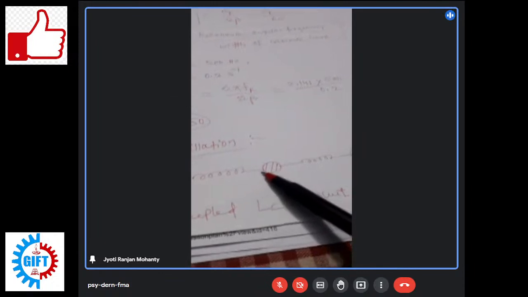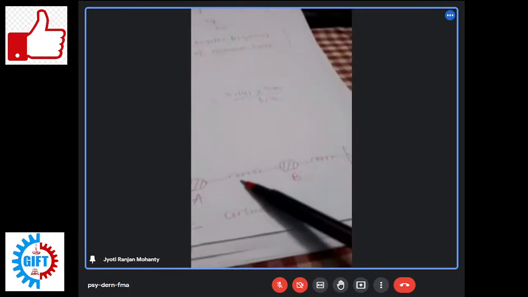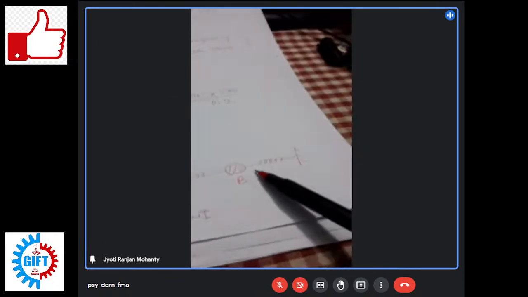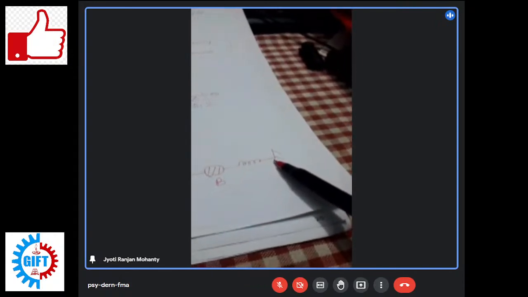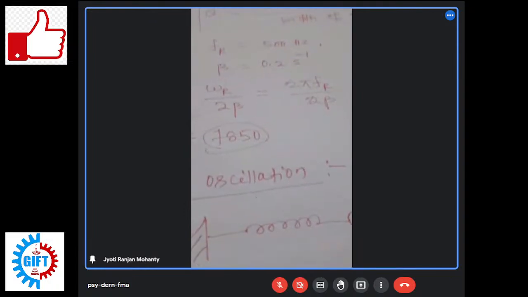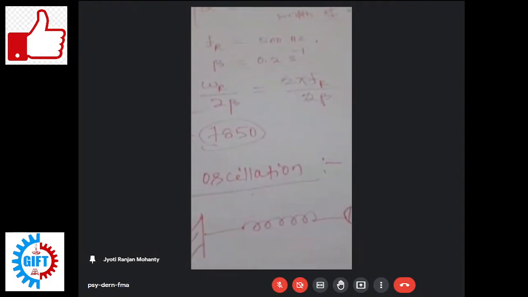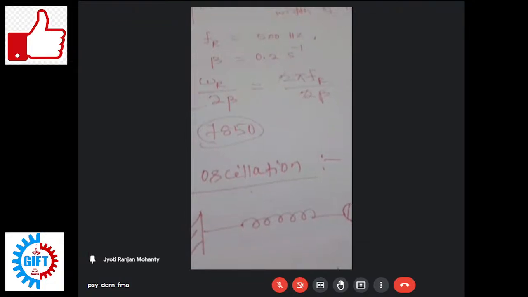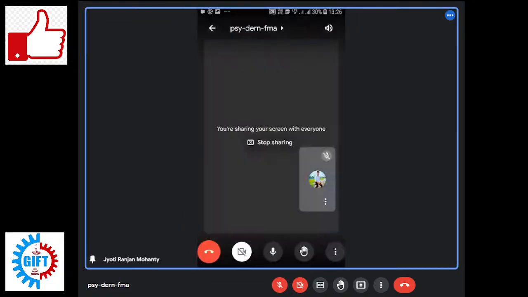This is the rigid support. This is the spring connected to body A. This is another body, body B, which is connected by another spring. Is it visible? Okay, 1 minute.